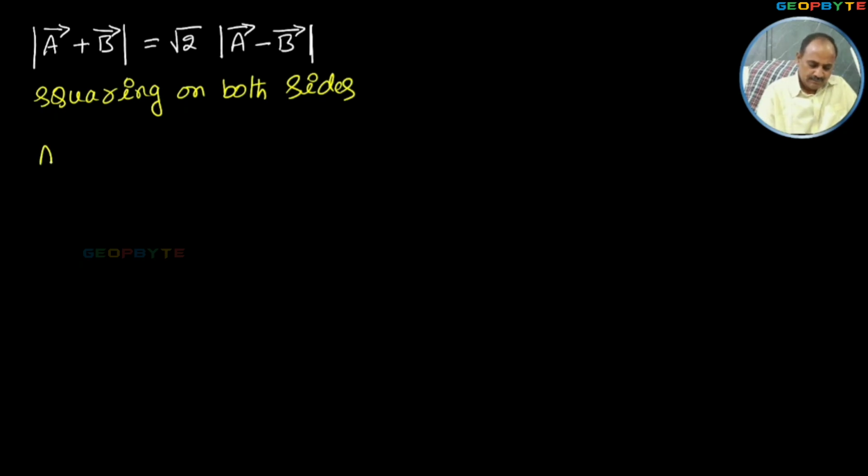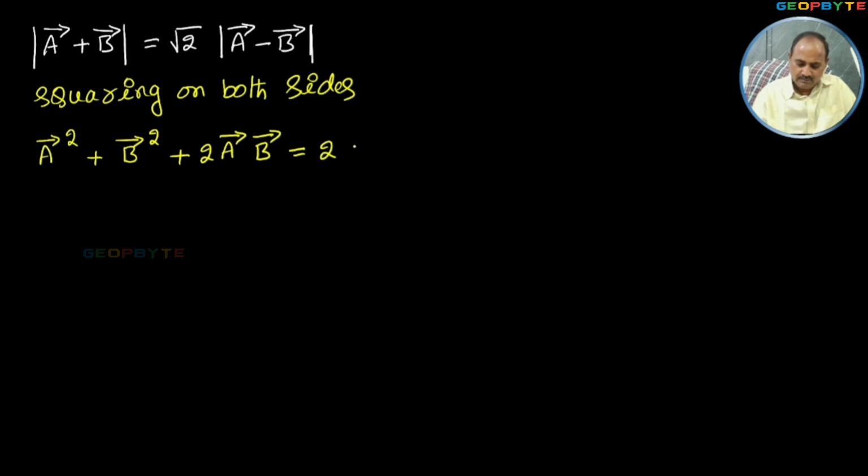Squaring on both sides, it is A bar square plus B bar square, simple mathematics, plus 2 A bar dot B bar is equal to 2 times A bar square plus B bar square minus 2 A bar dot B bar.